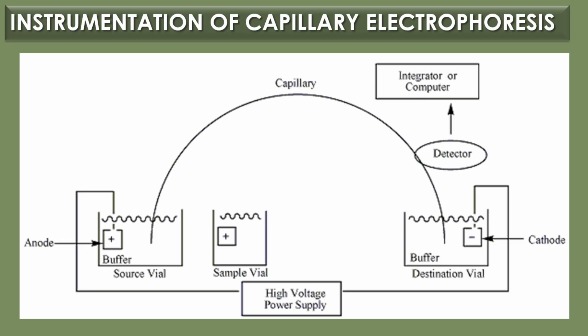Instrumentation of capillary electrophoresis. The instrumentation of capillary electrophoresis contains power supply, buffer reservoirs, electrodes, capillary, optical viewing window, injection system, detector, thermostatic system, recorder, and computer or suitable integration.